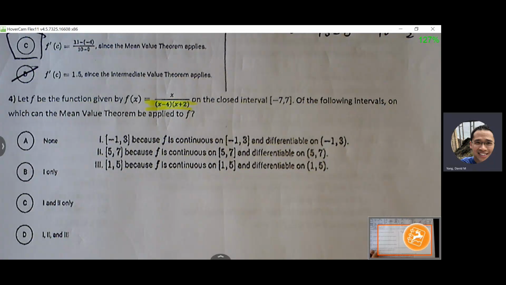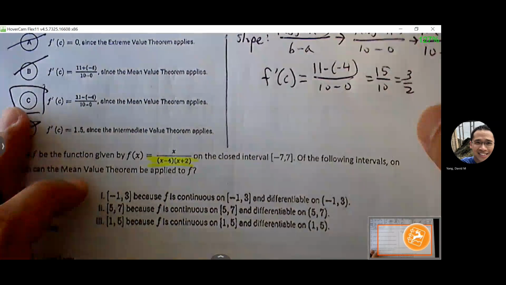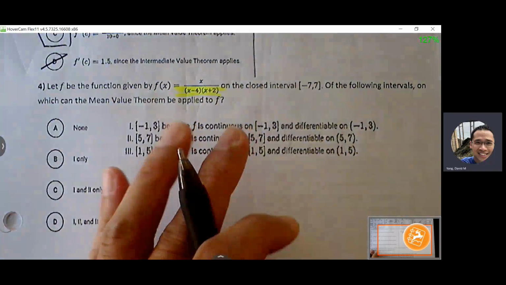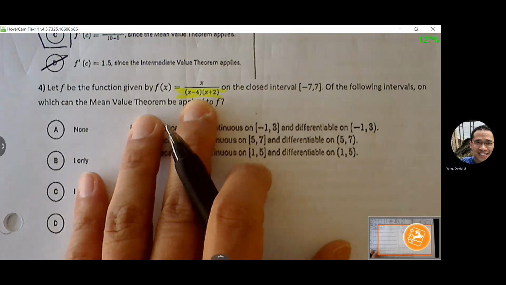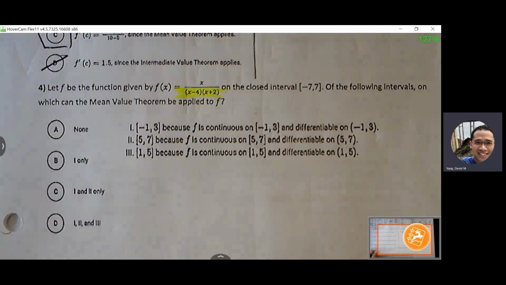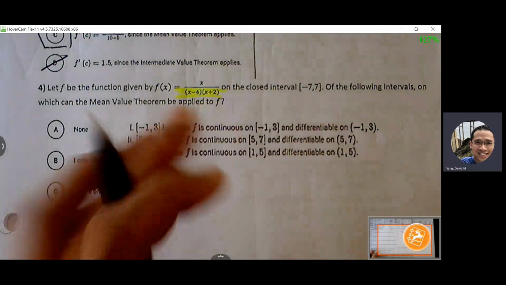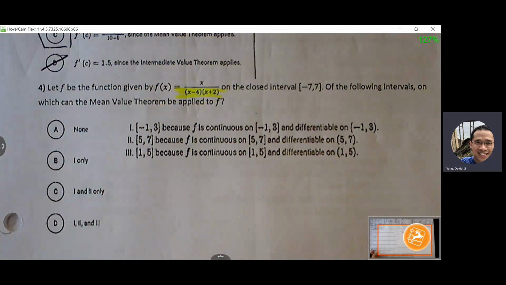Okay, what does the denominator of a function tell us about the graph? Vertical asymptotes. Okay, so can mean value theorem exist across a vertical asymptote? Because the condition for mean value theorem is that the function must be what? Continuous and differentiable. Well, for most of our problems, if it's continuous, it's always going to be differentiable.